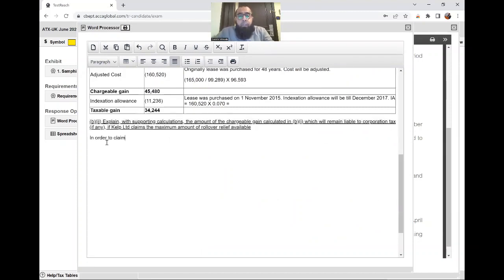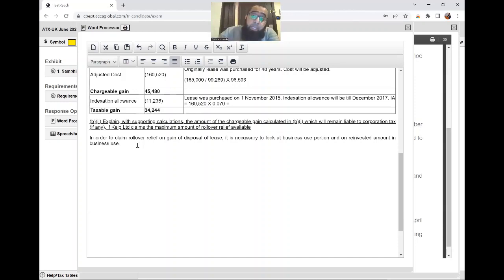In order to claim rollover relief on gain of disposal of lease, it is necessary to look at business use portion and on reinvested amount in business use.